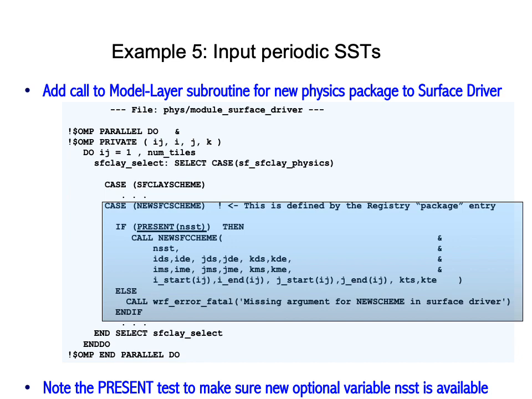That case value, case (new_sfc_scheme), is an enumerated parameter integer. That variable comes entirely from the registry. We check if present because we said that this was an optional variable. If that variable is present in the call, then we can go ahead and process this brand new subroutine.